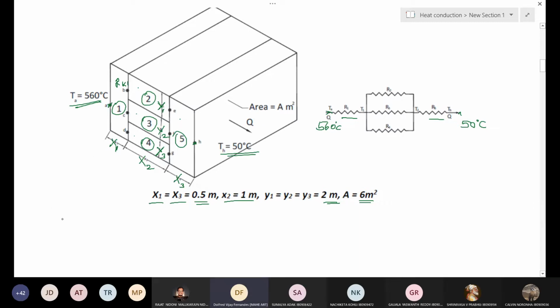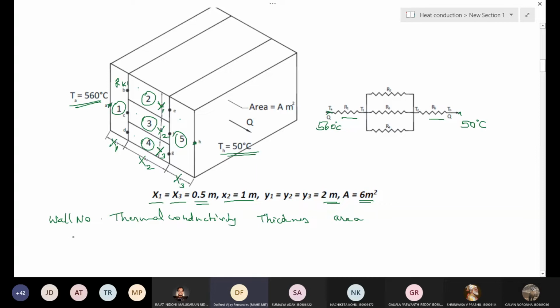So wall number, then you write the thickness, or you can write the thermal conductivity first. Thermal conductivity, and then you write thickness, area.